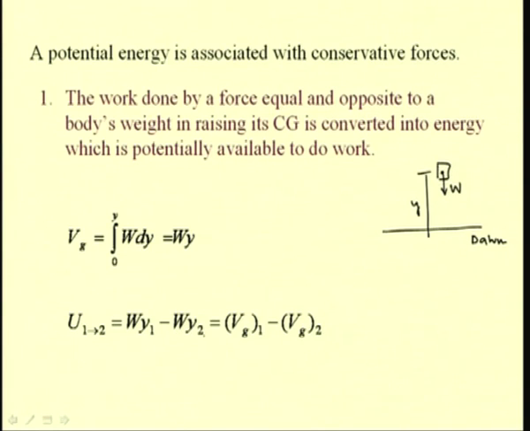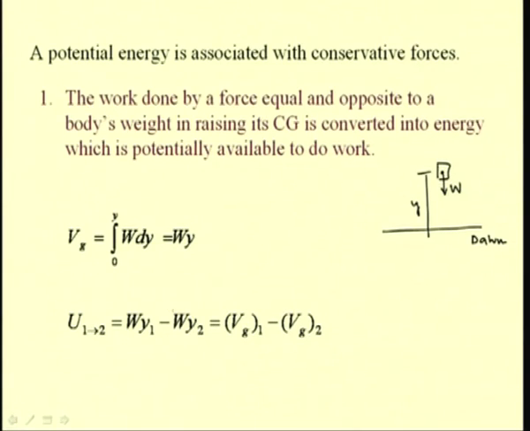minus Wy2. From our derivation of the work done for the weight of the object, we have found that it is the same as Wy1 minus Wy2, which is equal to the potential energy at 1 minus the potential energy at 2.